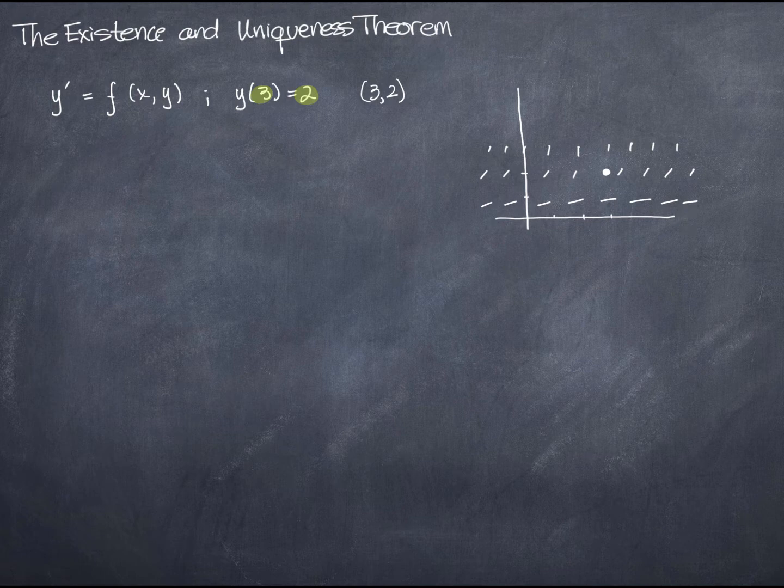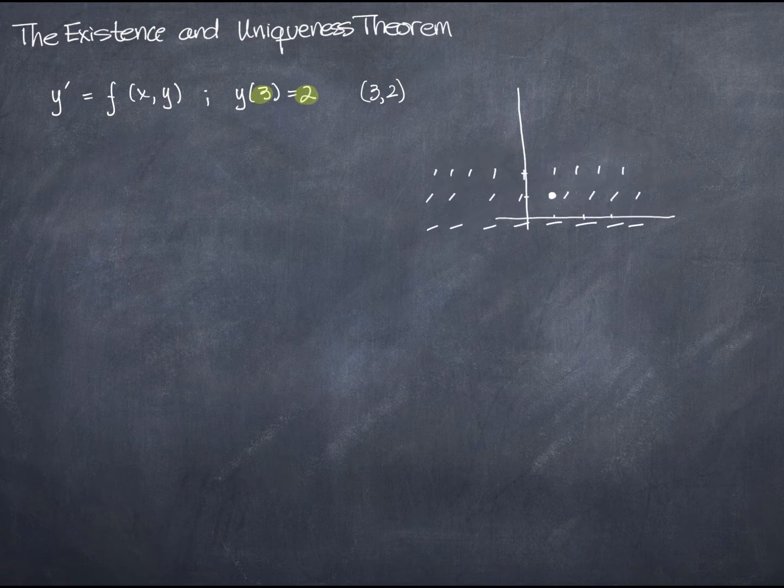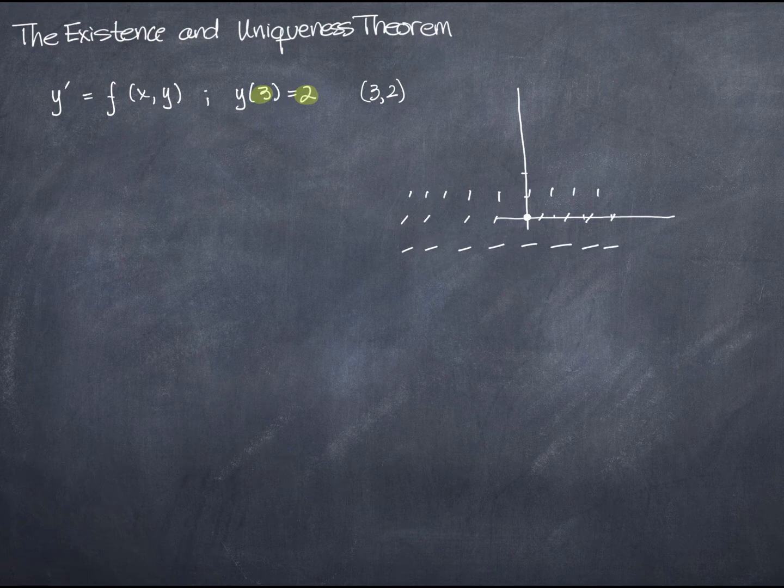Well, if I just grab that whole slope field and move it so that my initial conditions are 0, 0, but the slope field moves with it, then I'm solving the same problem.